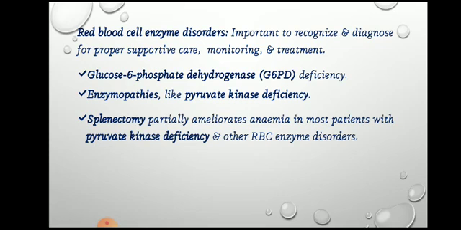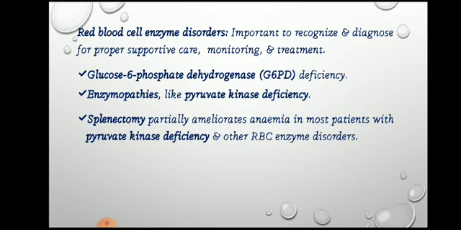Second, enzymopathies like pyruvate kinase deficiency should be suspected in certain patients of different ages with a chronic hemolytic anemia, generally in the absence of immune-mediated hemolysis, hemoglobinopathy, or evidence of a red cell membrane disorder.